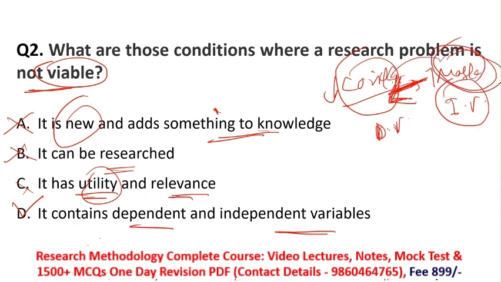I am taking two variables and seeing the relationship between them. Without independent and dependent variables, a research problem is incomplete or impossible. So the correct option is option D, it contains dependent and independent variable.